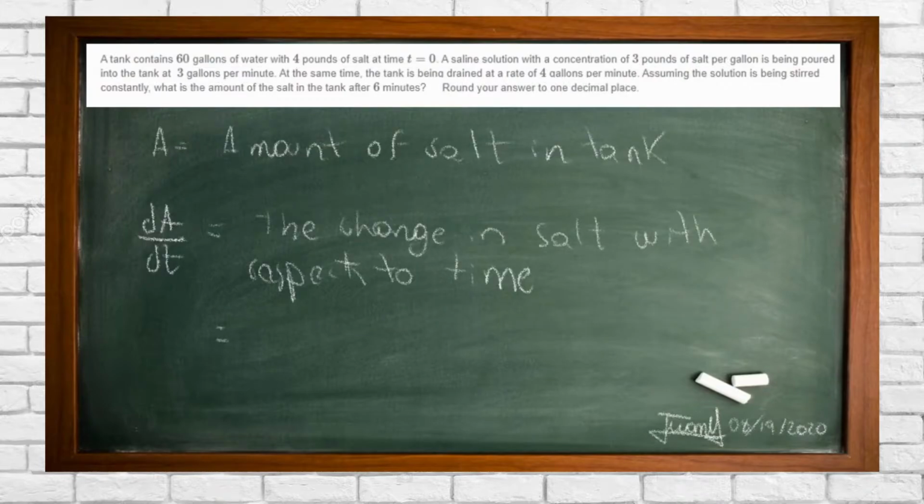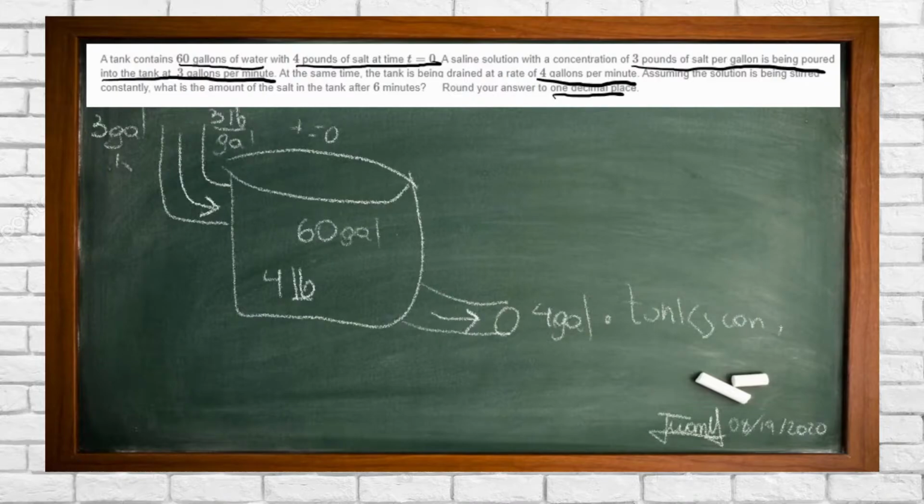So we know that what is changing is that salt is coming in, so we can categorize that as rate 1. Rate 1 is the salt that is coming into the tank, and we're going to subtract what is going out of the tank. So this rate right here is going to be R1. We have 3 gallons of water entering the tank at a concentration of 3 pounds per gallon of salt, I mean.